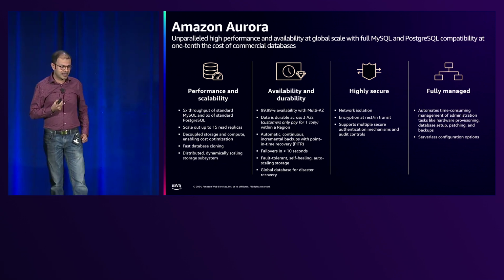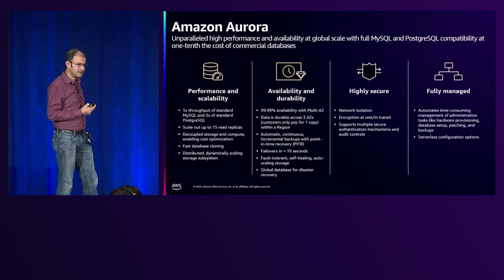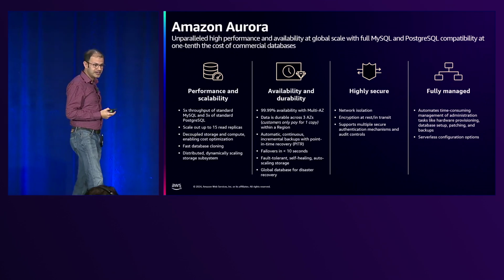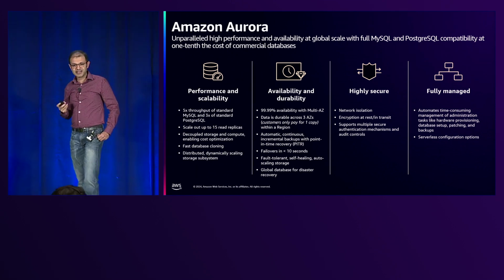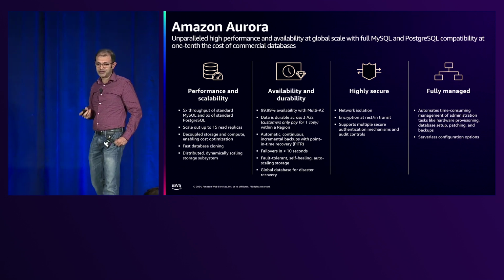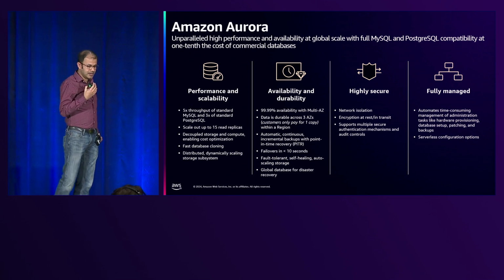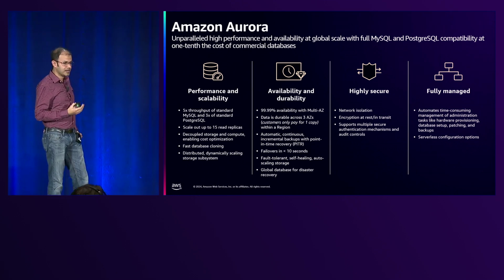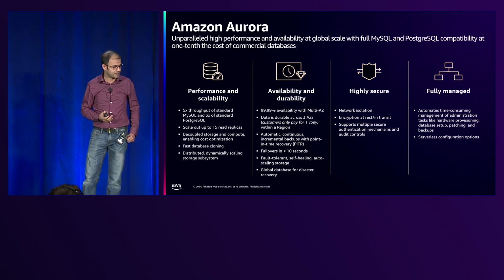Aurora provides up to 5 times higher throughput compared to standard MySQL and 3 times higher throughput compared to open source Postgres. It can scale out to up to 15 replicas. It has a decoupled storage and compute that provides high availability as well as many nines of durability, with the data replicated across 3 different availability zones.